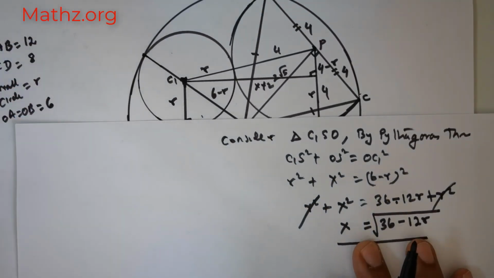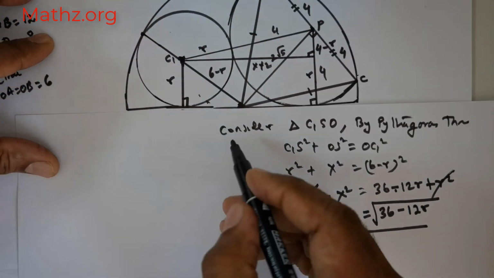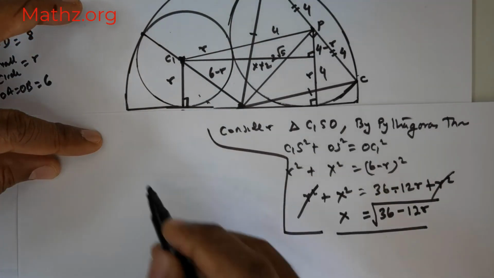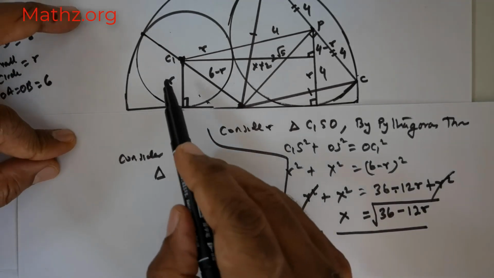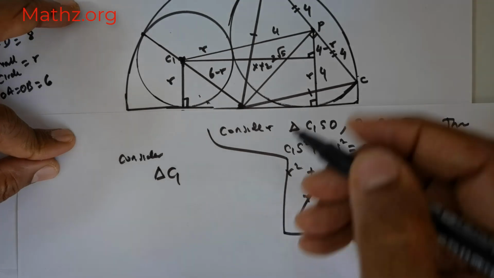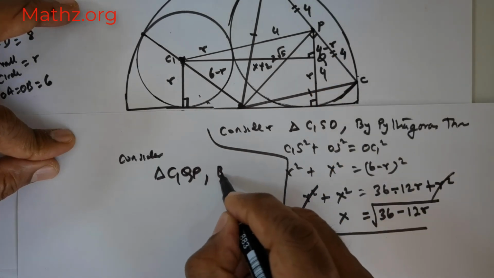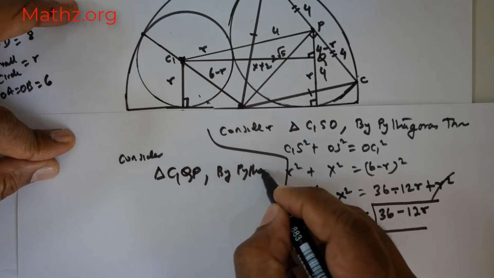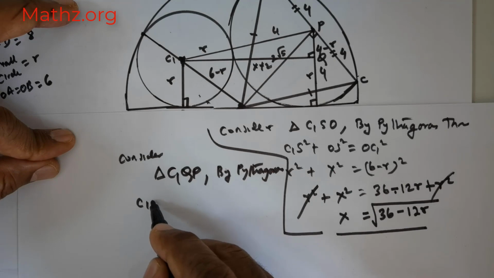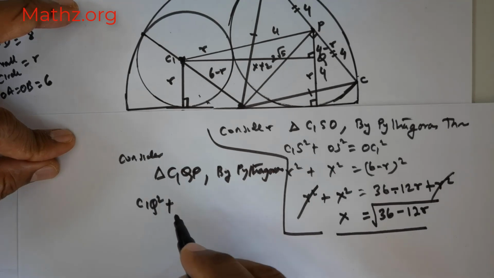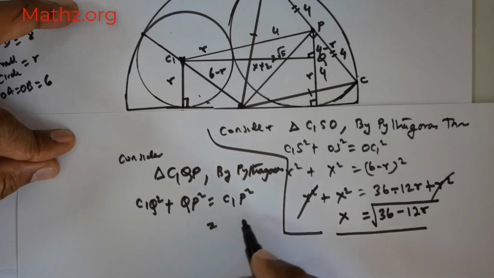So what I'm going to do is, let me write this down here. Consider triangle C1QP. By Pythagoras, what do you get? You get C1Q squared plus QP squared is equal to C1P squared.